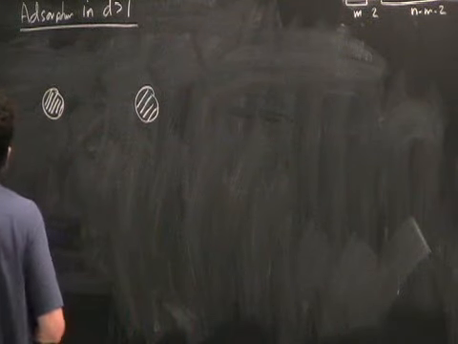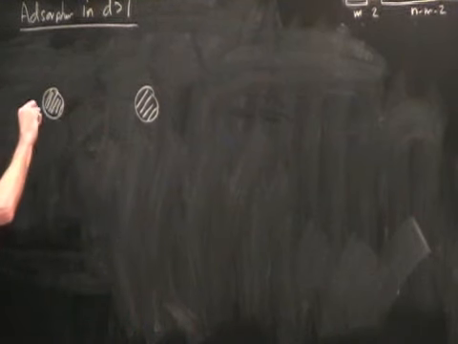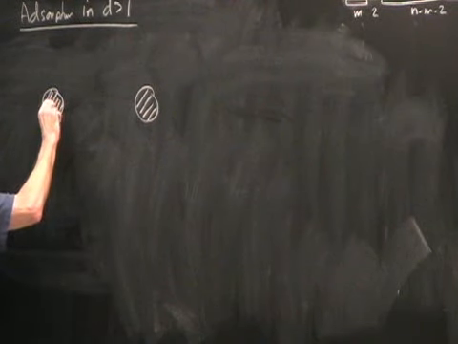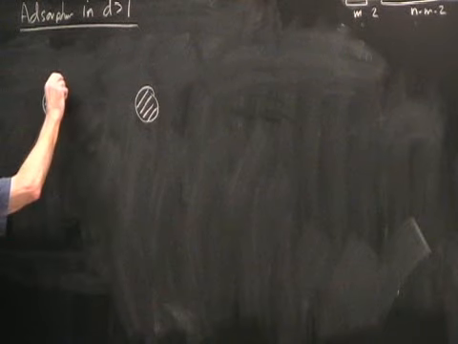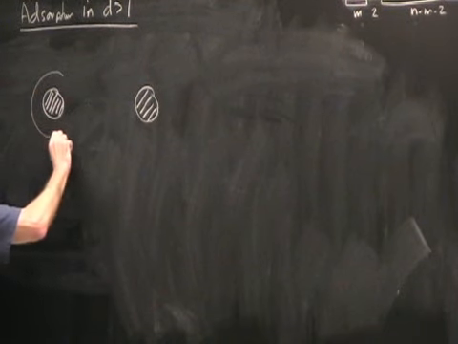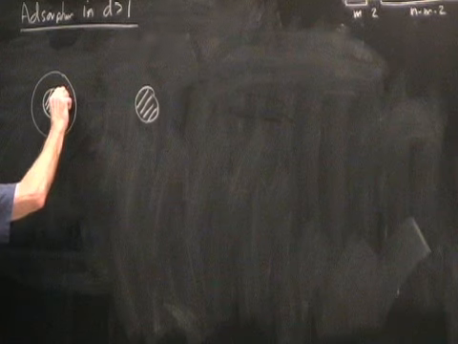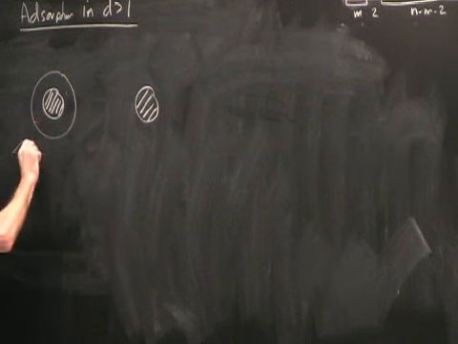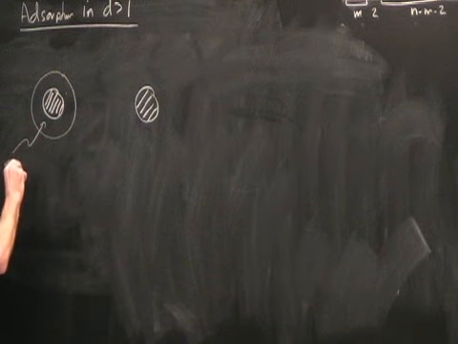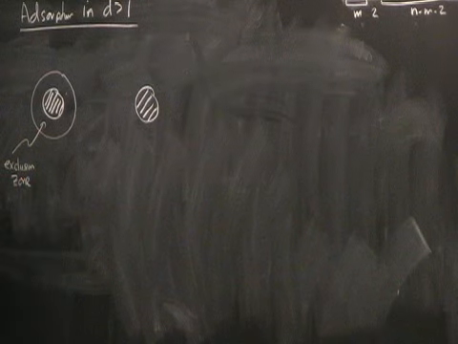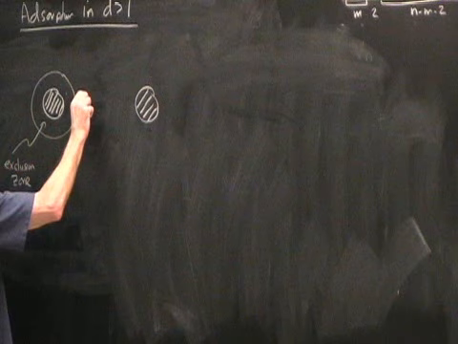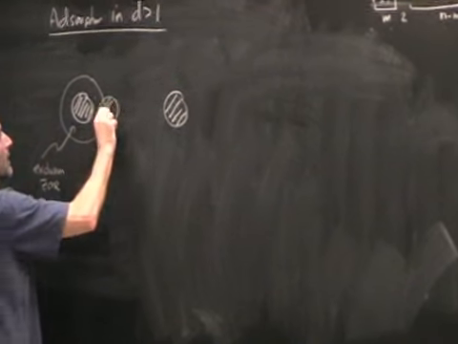To see how this comes about, notice that if I put a disk over here, say of radius 1, then there's an exclusion zone of radius 2. If I put a disk somewhere inside this exclusion zone, it can't work because it will overlap. So another disk, the center of it has to absorb, say, over here. So here's my disk of radius 1.